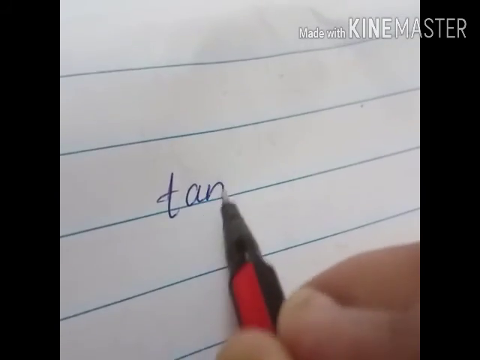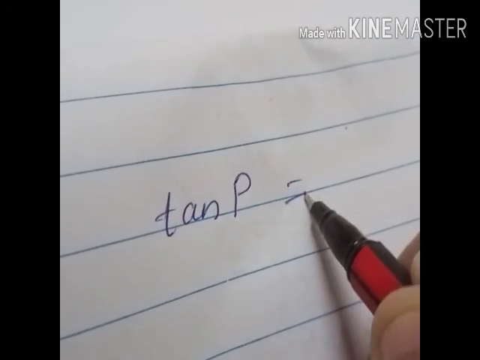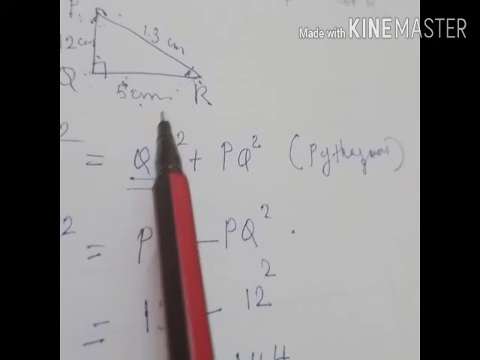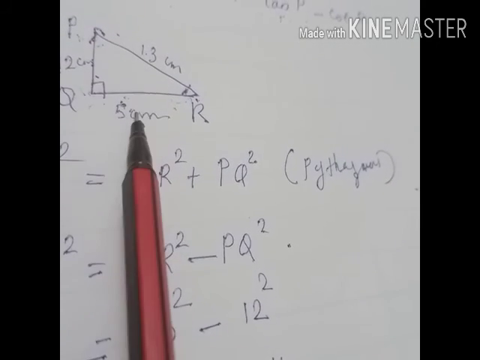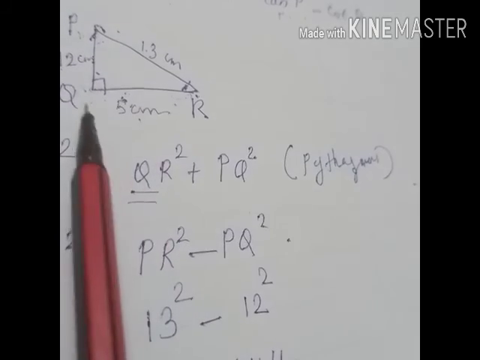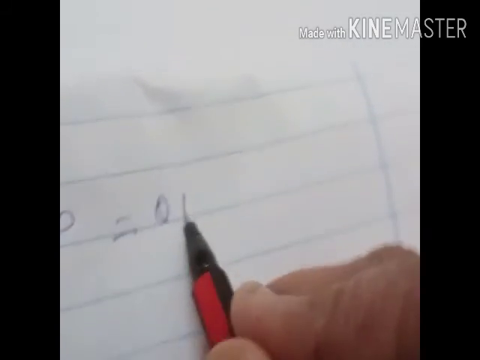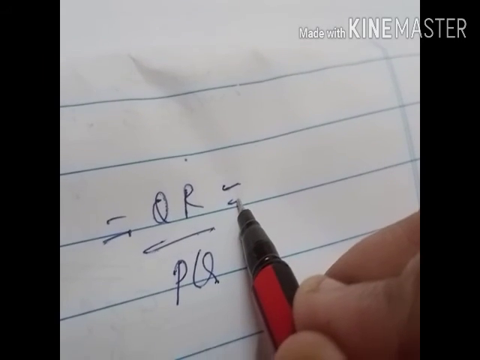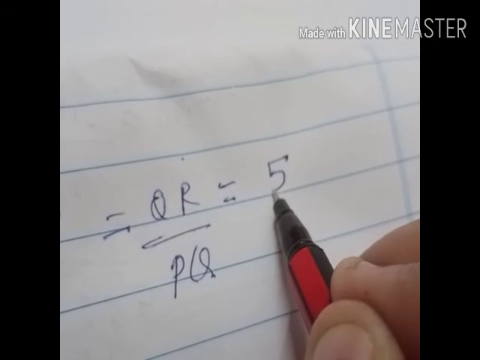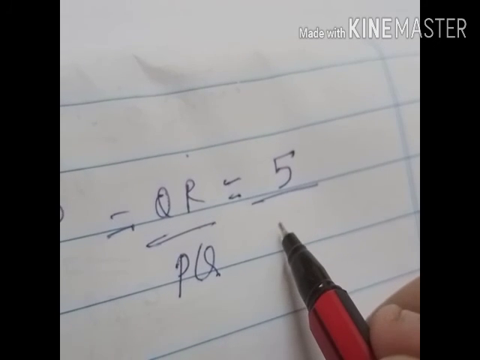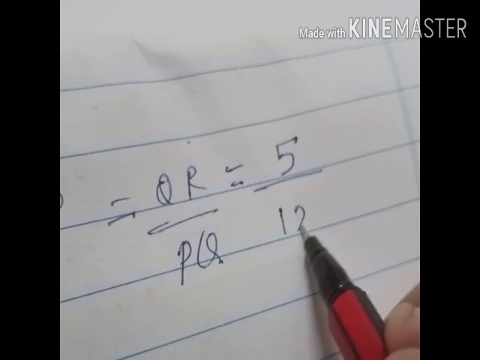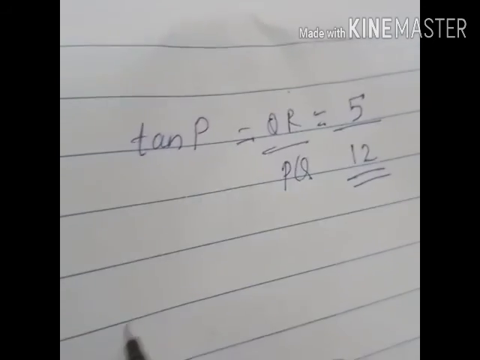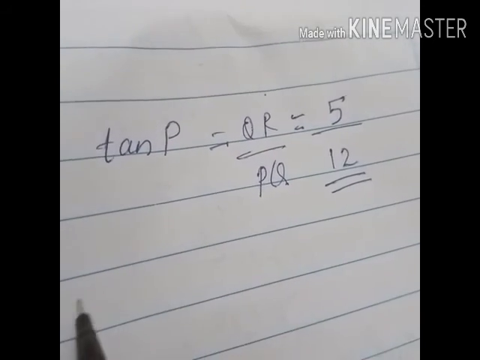So we can find tan P. So from the figure we get tan P equal what? Opposite by adjacent. That is QR by PQ. So the value of QR we find out, that as 5. Then PQ is given as 12. So 5 by 12. Tan P equal 5 by 12.